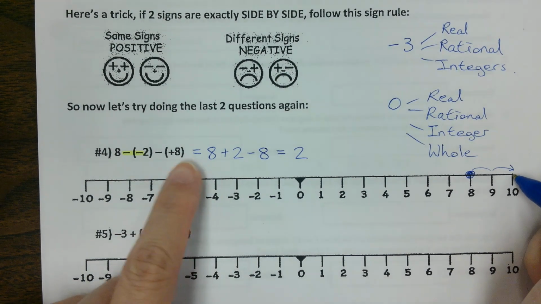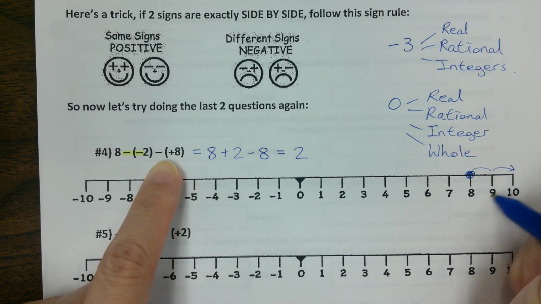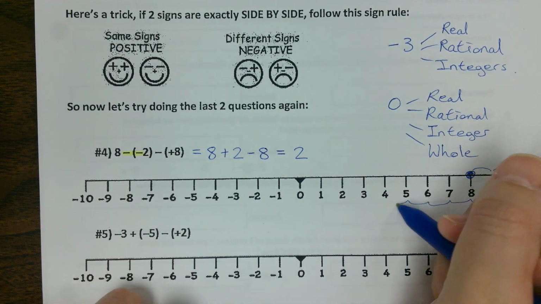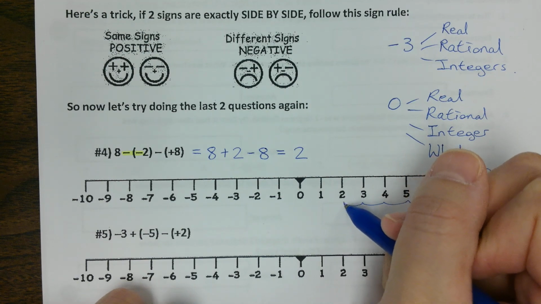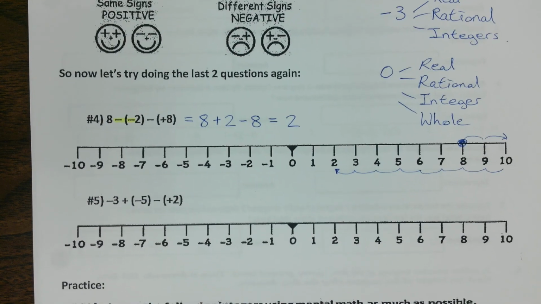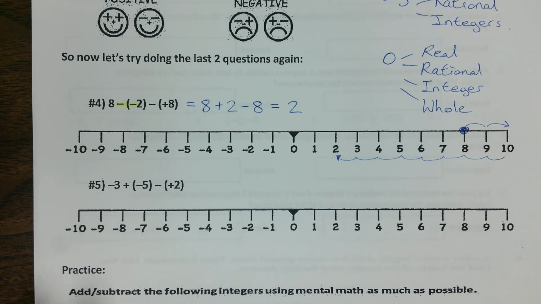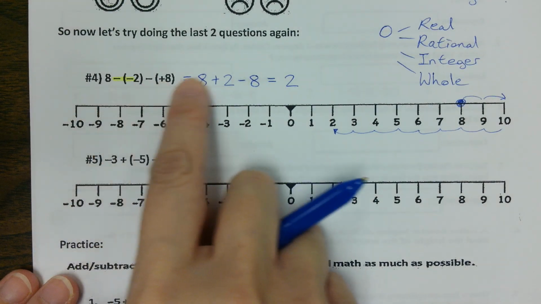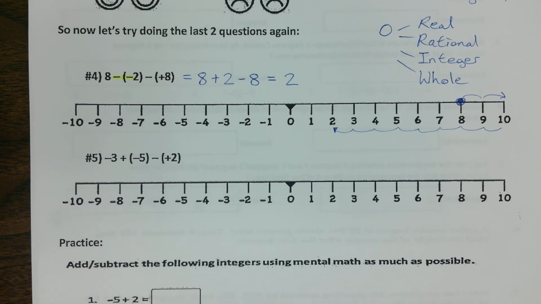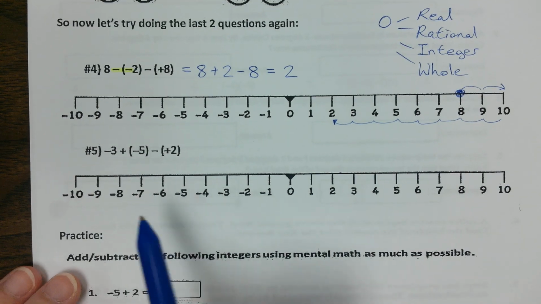Okay, so then we're at 10, and then -8. So that's why we went back 1, 2, 3, 4, 5, 6, 7, 8. Okay, I know you guys did number lines in like grade 5. You don't have to do it. If you can see this right away, good for you. You don't have to do number lines. Only if it helps you.